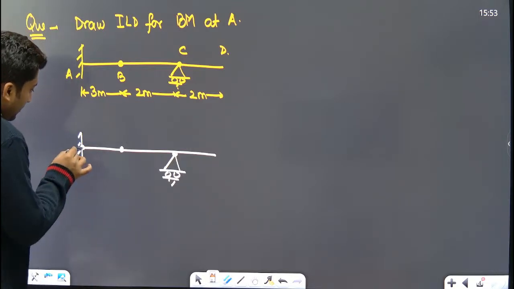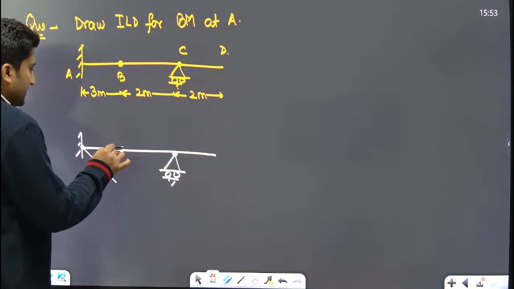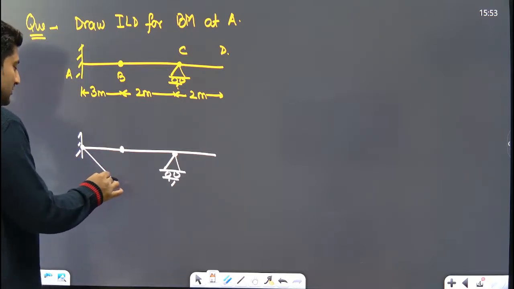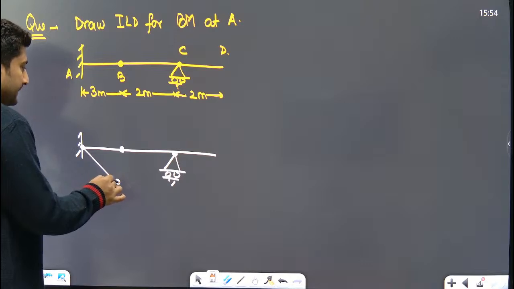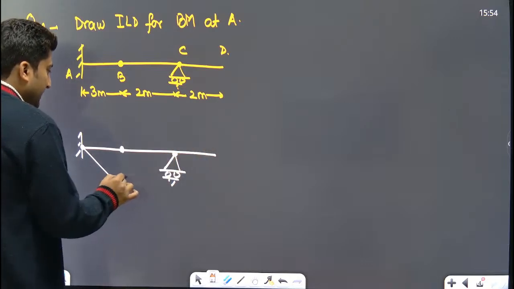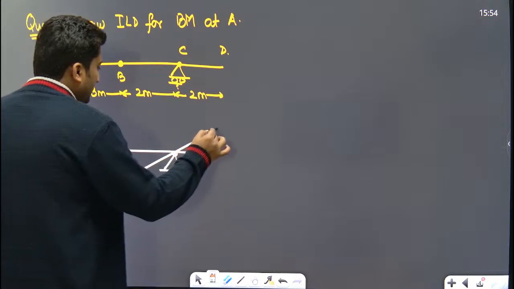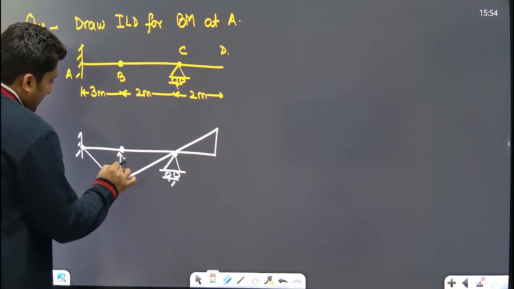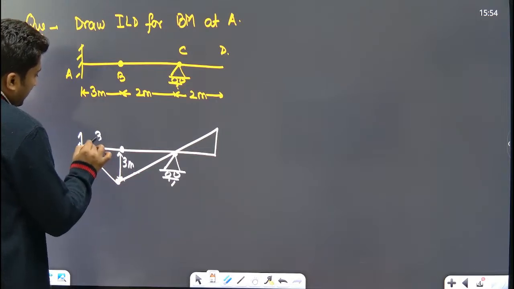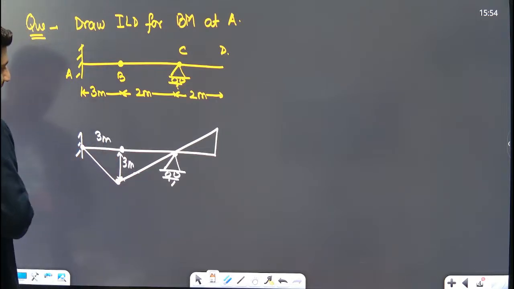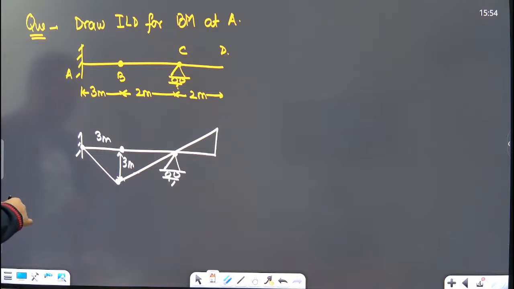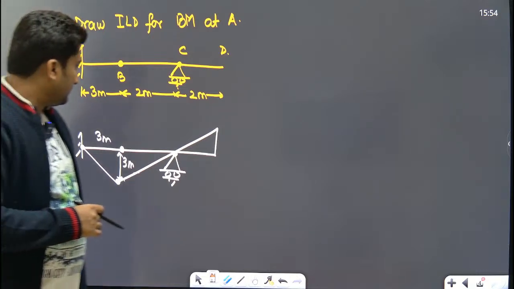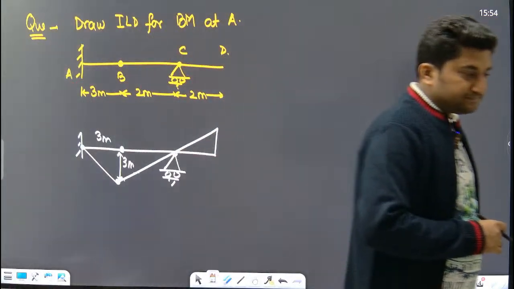If we give a unit rotation, this is an internal hinge, so this will go downward, and it is a free end, so this will also deflect this way. This is 3 meter, so this will be 3 meter. Yes or no? Clear, everyone?